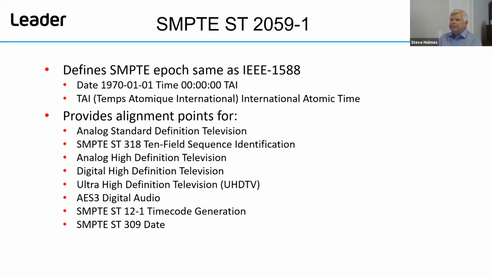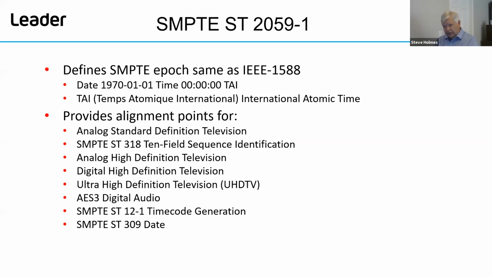So SMPTE defines the epoch, the start of time, the same as IEEE 1588 does. It provides alignment points for things going back all the way to analog television. It sets up the 10-field sequence. It sets up the analog high definition, the digital high definition, the UHD parameters that we need.